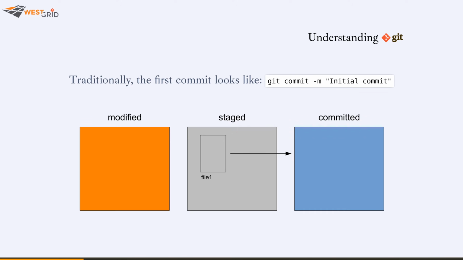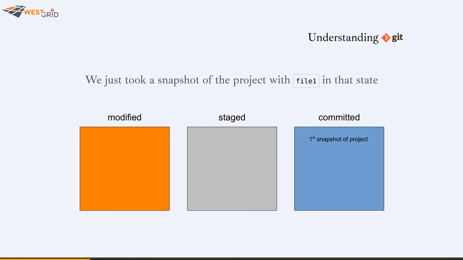Traditionally, the very first commit has the message initial commit, though there's no rule about that. So an example could be git commit -m initial commit. If we run this command, we create a first snapshot of the project with only file 1 at this point and file 1 in that state.